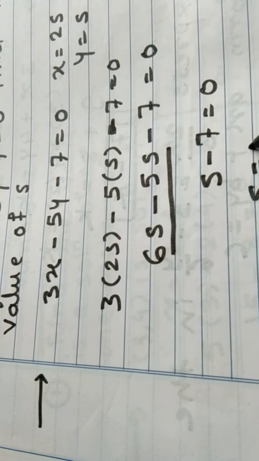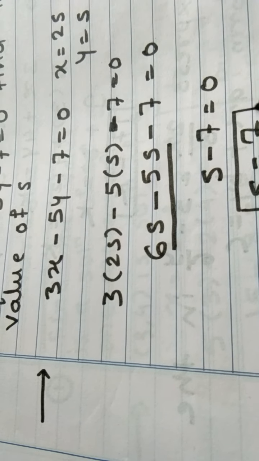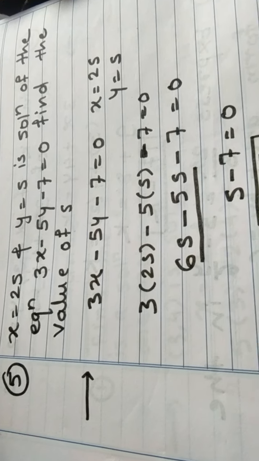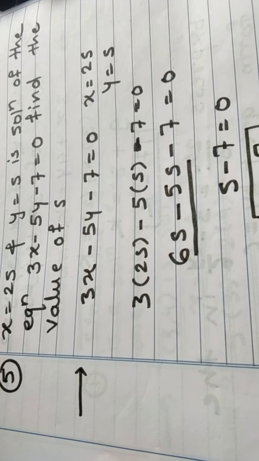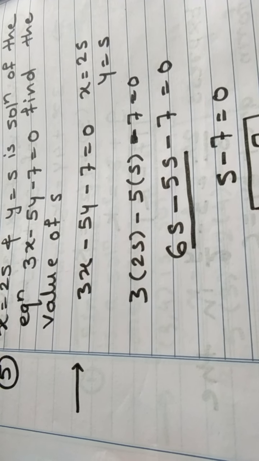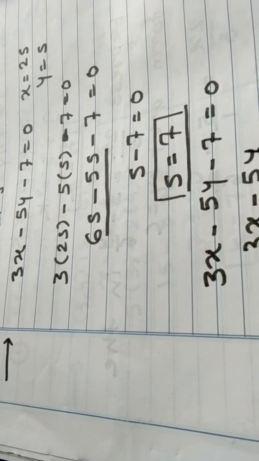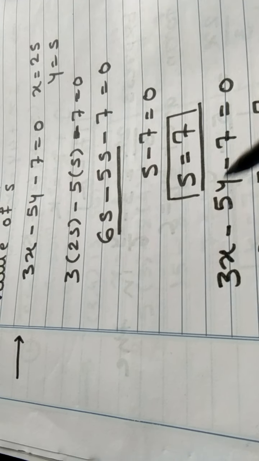That is s is equal to 7. The value of s is 7. Hence we can write the equation 3x minus 5y minus 7 is equal to 0 in the standard form as 3x minus 5y is equal to 7.